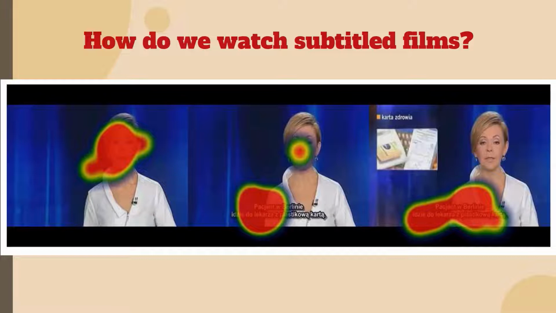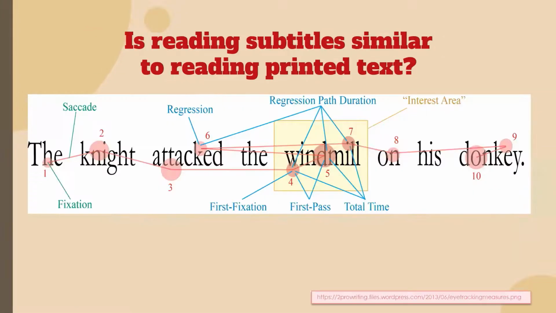This is a heat map, so the redder the area, the more fixations, the more attention is there. The moment subtitles appear, people's attention goes down and they start reading, to the point that they don't even look at the face. That's why it's really important that subtitles are readable and we produce them in the best way possible.